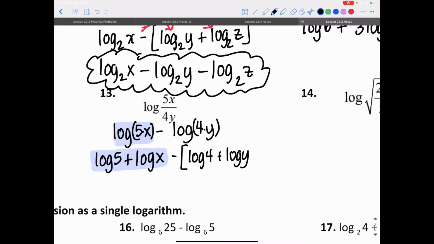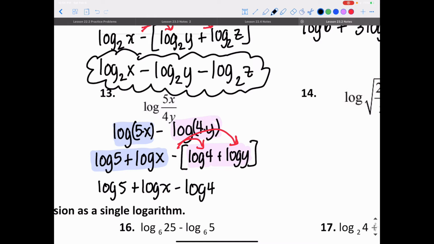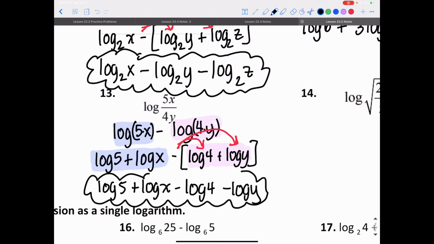I need to make sure I distribute the negative to both of these logarithms, log of 4 and log of y. And when I do that, my final answer is log 5 plus log x minus log 4 minus log y. And this is my answer in expanded form.